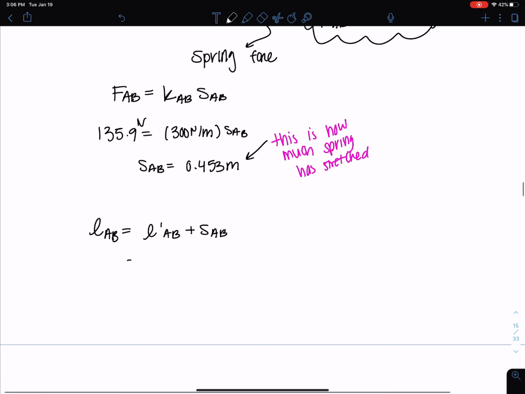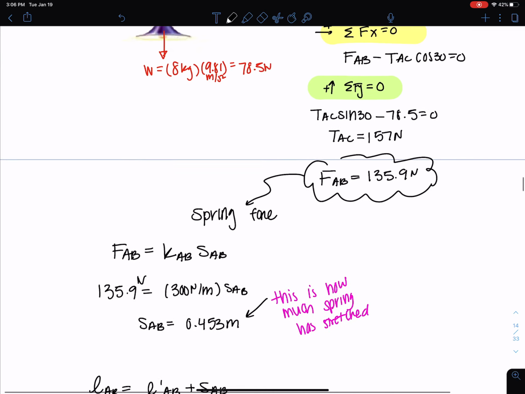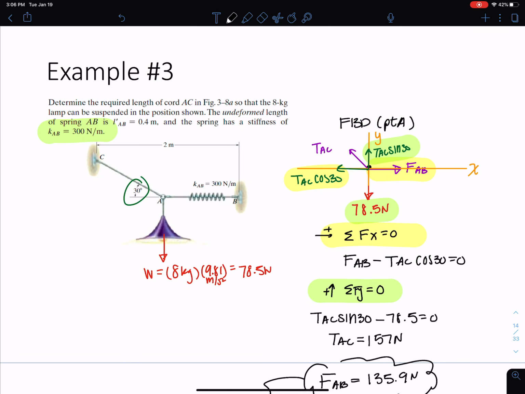So I get 0.4, this is my initial length, plus 0.453, and I get 0.853 meters, okay? But now, let's go ahead and look here at what they're asking. The undeformed length of the spring is 0.4 meters, right? And the spring has this stiffness.